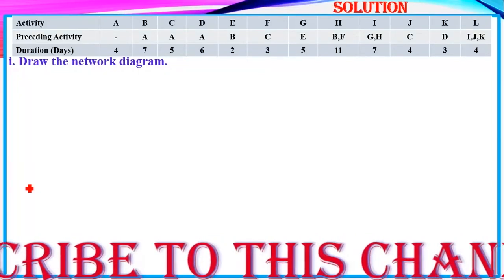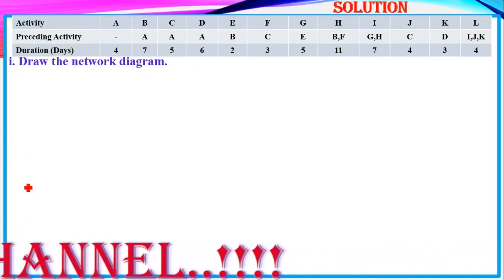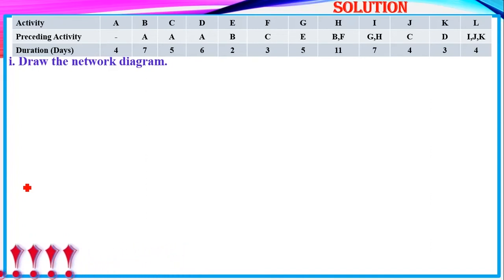So for us to draw that, anytime that you're drawing activities, remember we said activities must have a start event or a node event, and then they must have a succeeding or the head event. So let's start with the first event. Because this is the start point, you see activity A is preceded by a dash. Dash means what? It is activity 0 or the starting point. So the event there will be event 0.